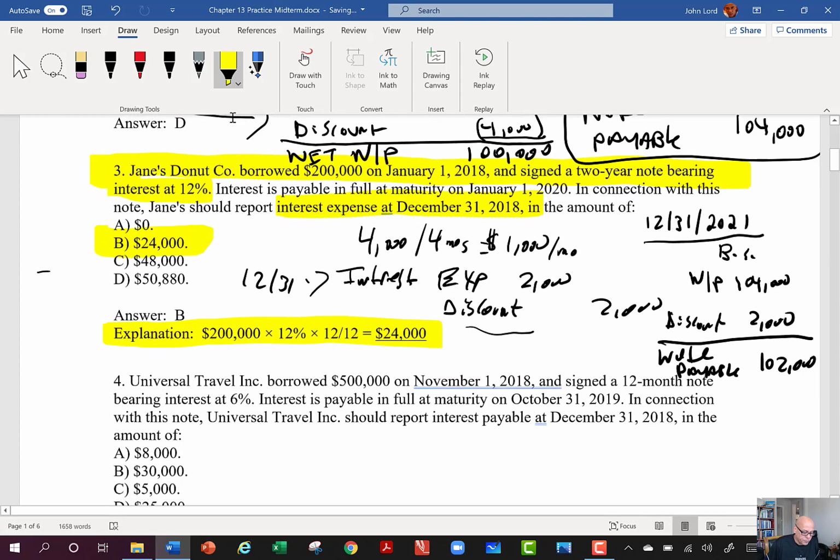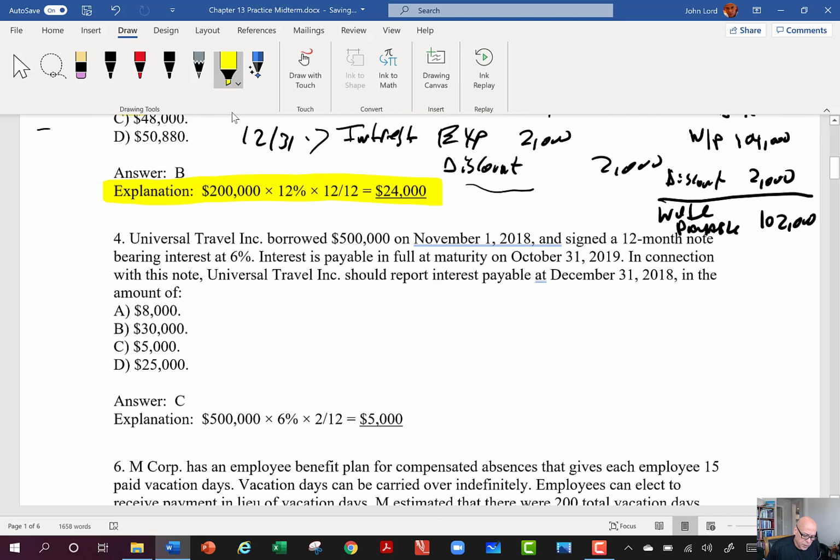Okay. Now, on this question, we stick a little bit better with the theme of current liability because it's a 12-month note, interest-bearing. We borrowed $500,000, but now we borrow that money on November 1st, and they want to see the interest payable at December 31st. So now we would use the interest rate that the note calls out, and we borrowed that money November 1st, all of November, all of December.